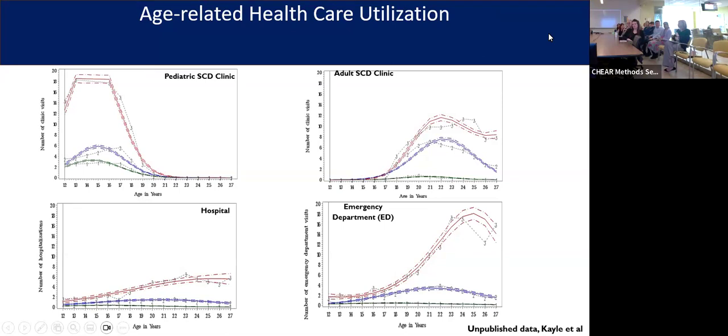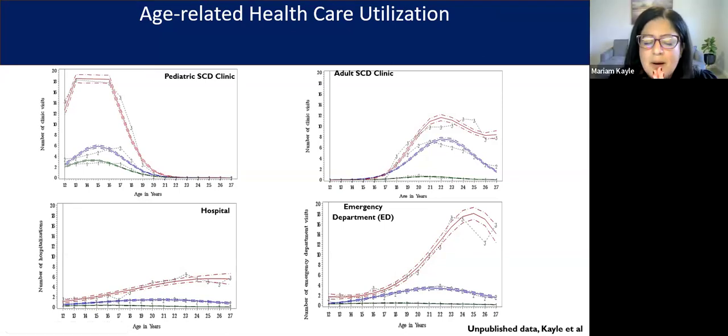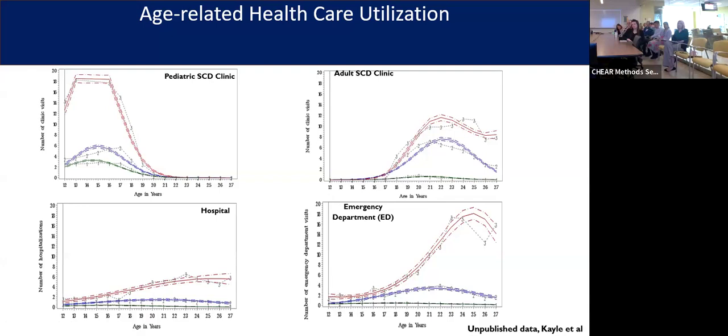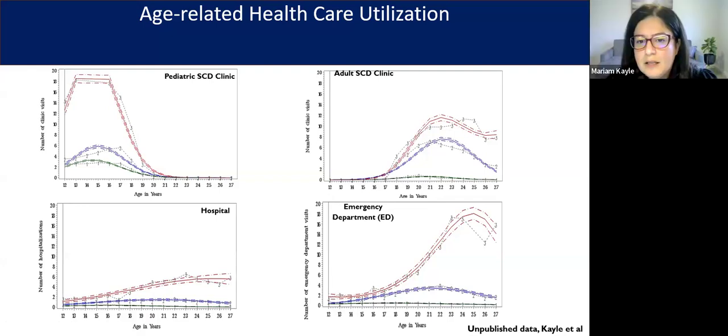On average, if I remember correctly, there was about 7 to 9 months between the last pediatric visit and the first adult visit. Adult sickle cell, again, being in the clinic. So no, what this is showing is not all the people had the visits at the same time in the same group, if that makes sense.